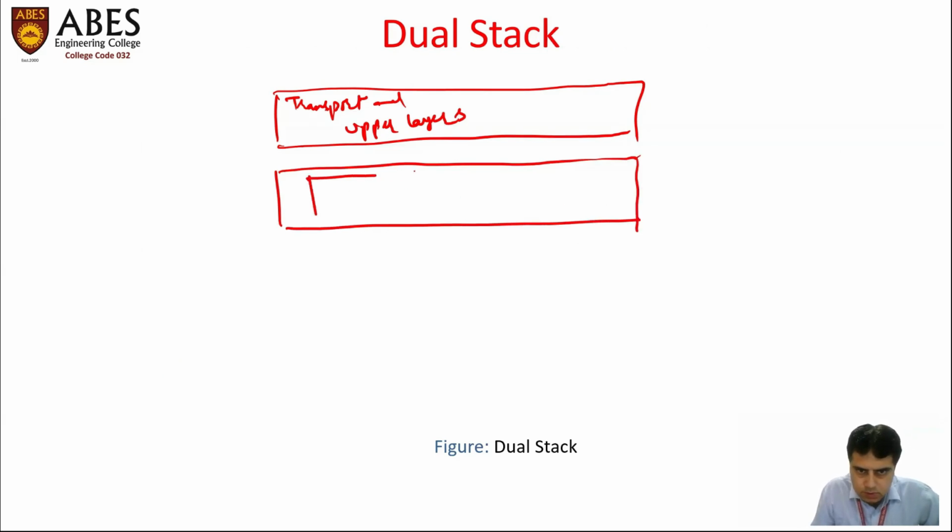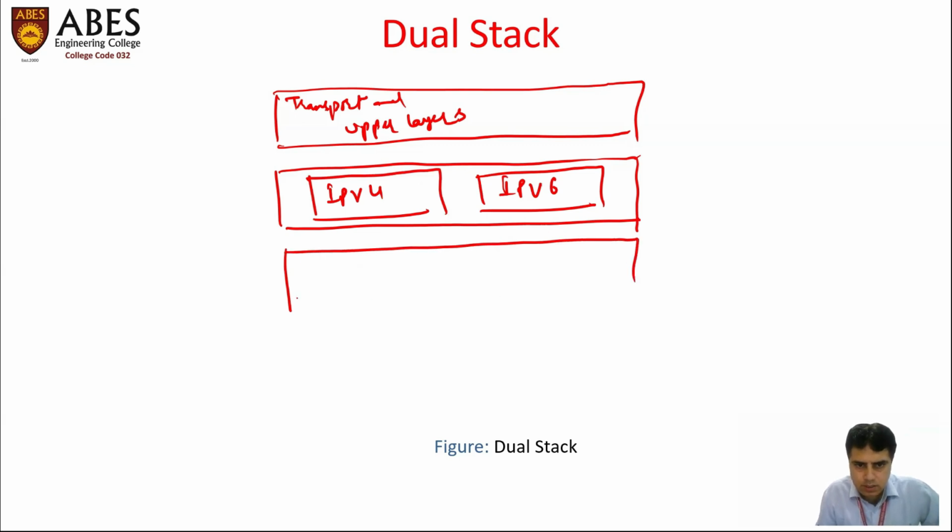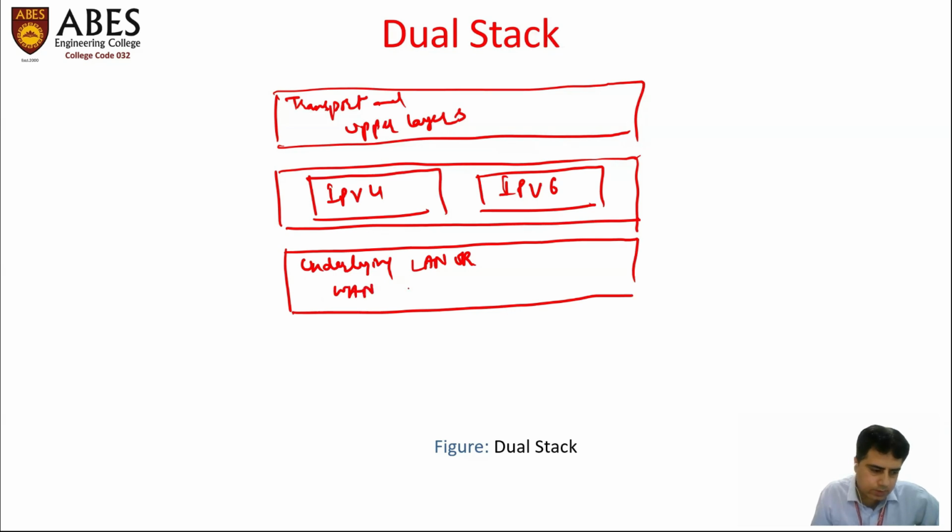Here some systems use IPv4 and some systems use IPv6. These are the underlying technologies, or you can say lower layer, physical plus data link.